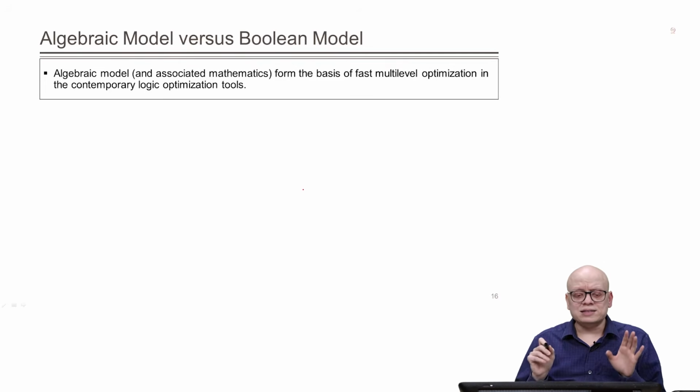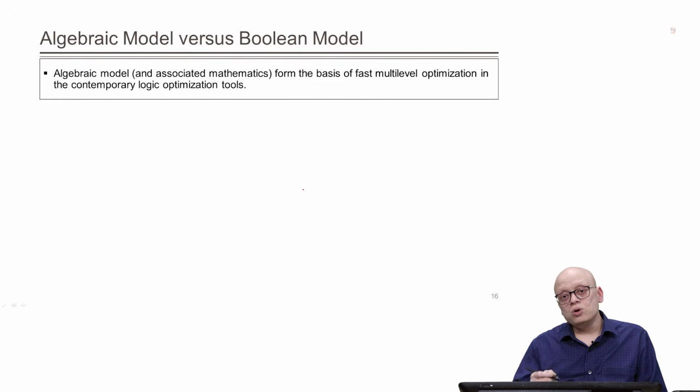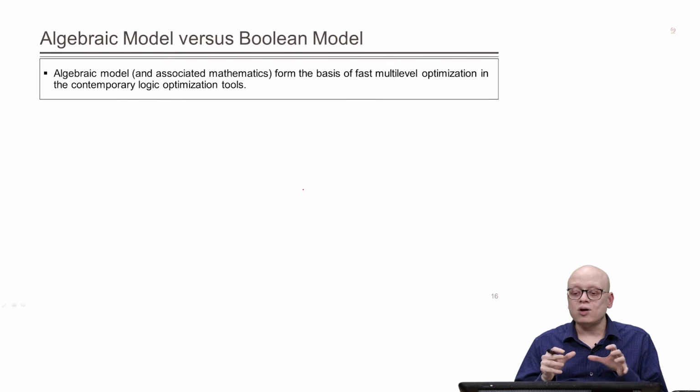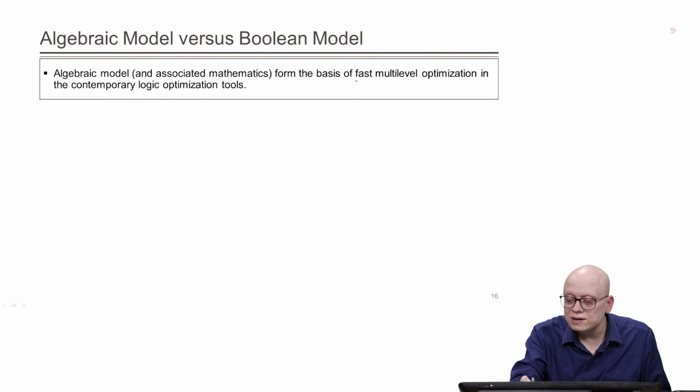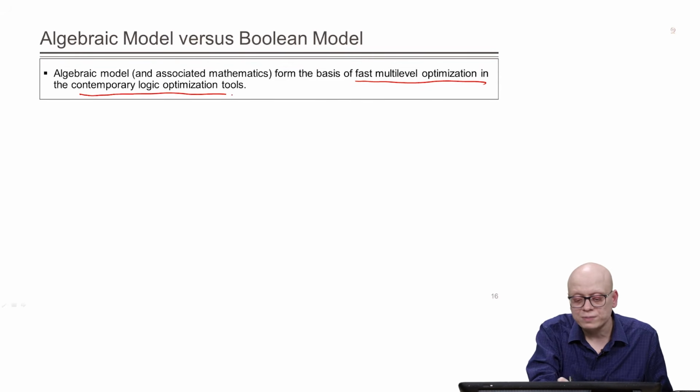But just to summarize, using the algebraic model and its associated mathematics, we can formulate very efficient algorithms to do the substitution and extract operations in a Boolean logic network, and this forms the basis of fast multi-level optimization in contemporary logic optimization tools.